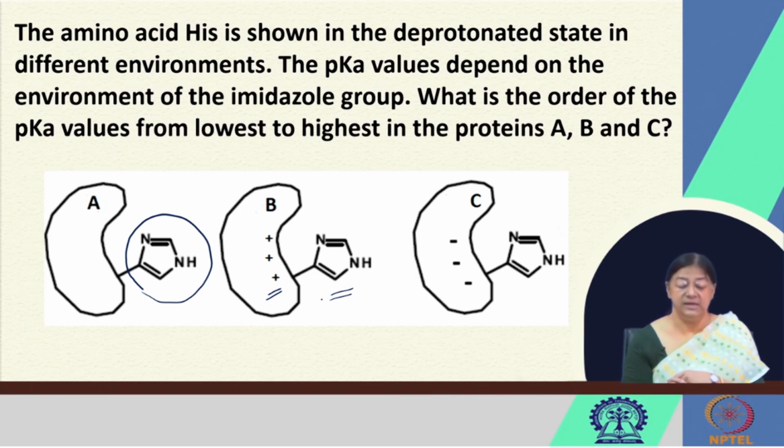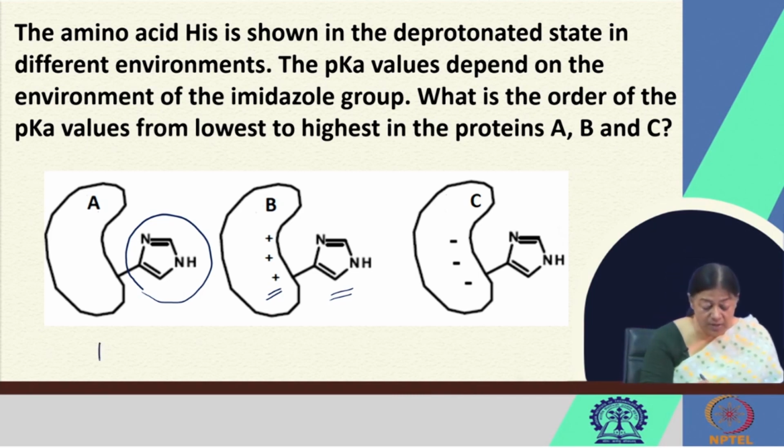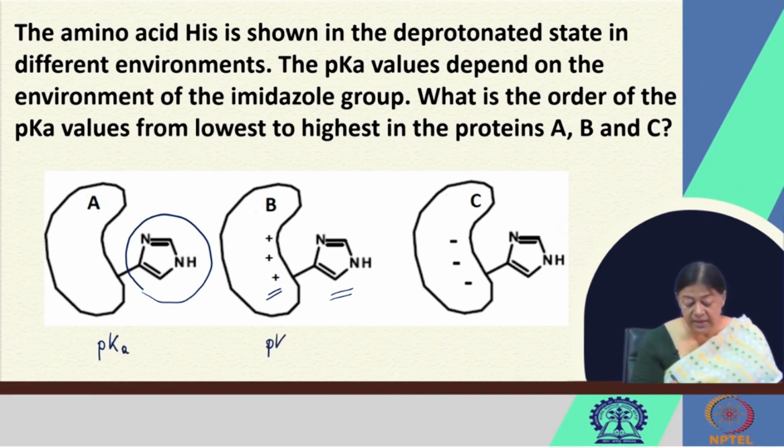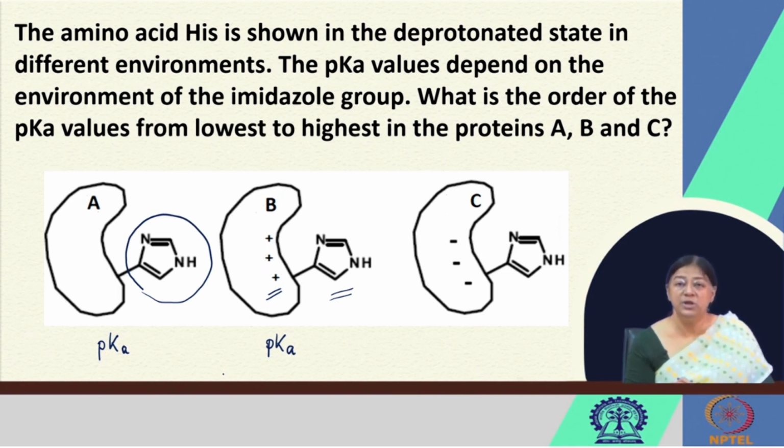So, if we have a normal pKa for this case, we want to know whether the pKa is going to be higher or lower for this case. How do we know that? We know at what point the proton is going to be lost. If we look at the environment here, we realize that because of the positive environment, it is going to lose the proton at an earlier pH value.